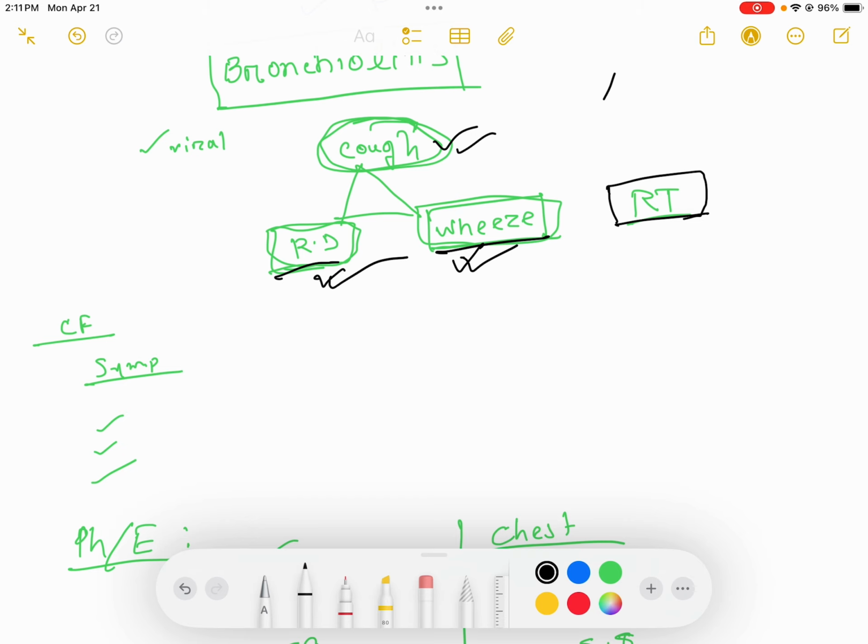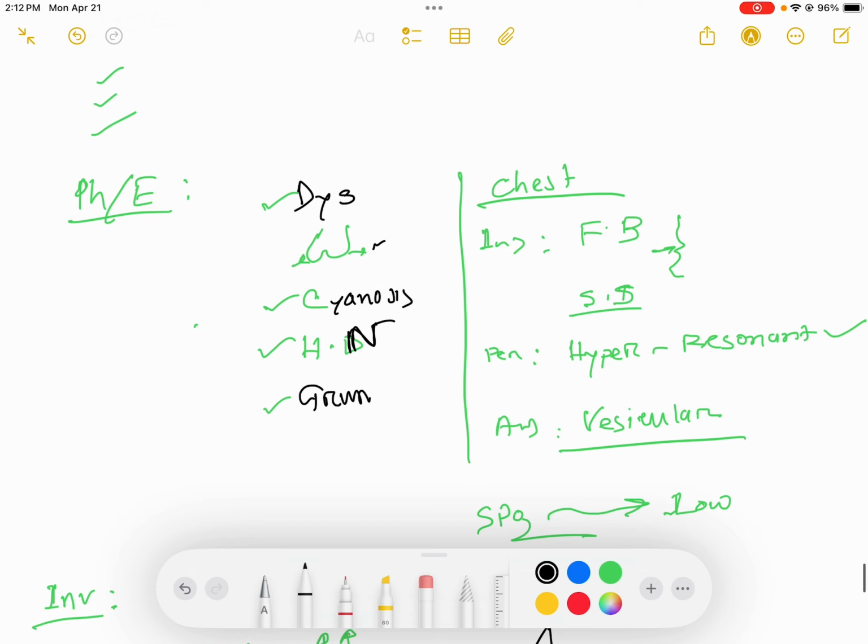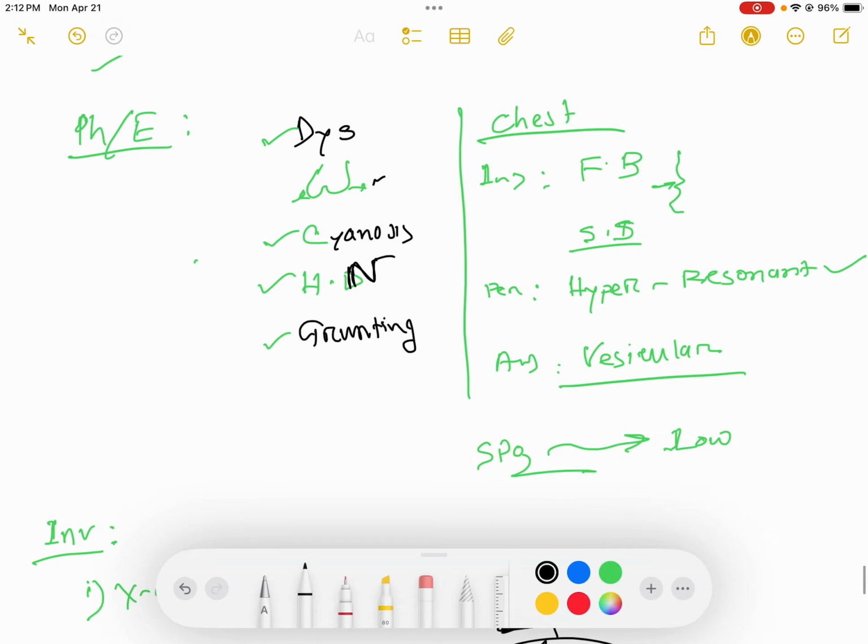Physical examination: dyspneic, flaring of the ala of the nose, cyanosis, head nodding, occasional grunting. Then chest examination: inspection shows fast breathing, chest indrawing, suprasternal recession and hyperinflation.